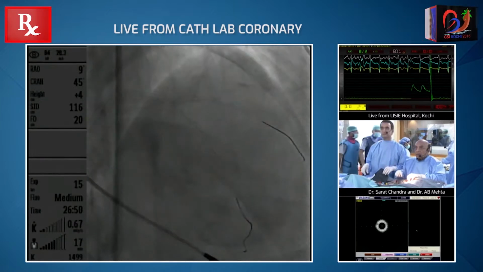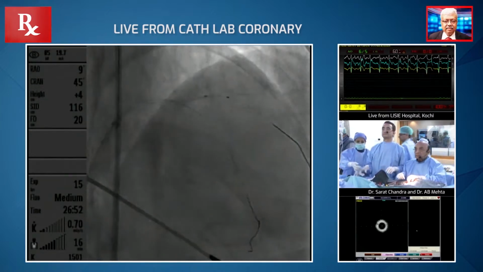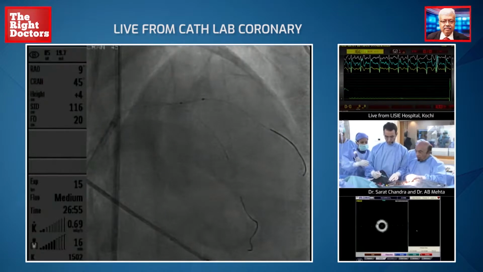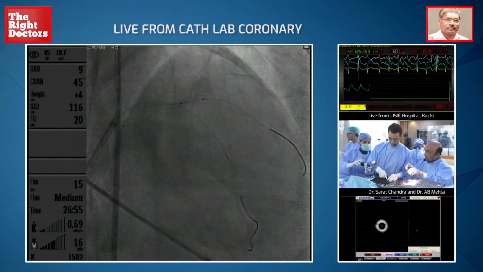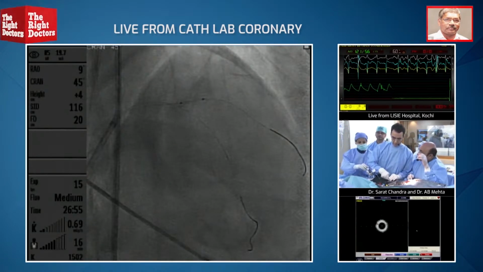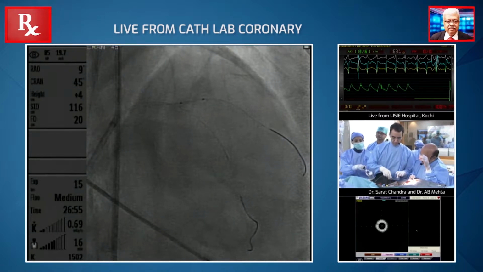Three balloon, please. Can I give you 3 non-compliant? Yeah, non-compliant.